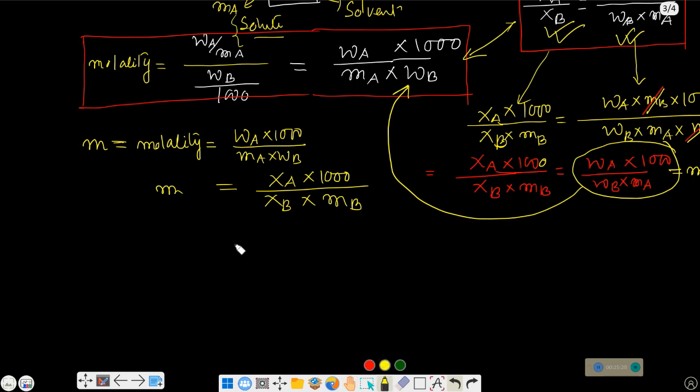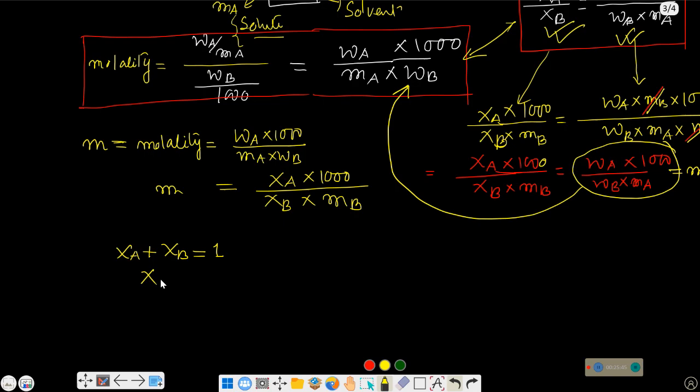So now you see, mole fraction of A plus mole fraction of B: if there are only two components in a binary solution, mole fraction of A plus mole fraction of B is equal to 1, right?